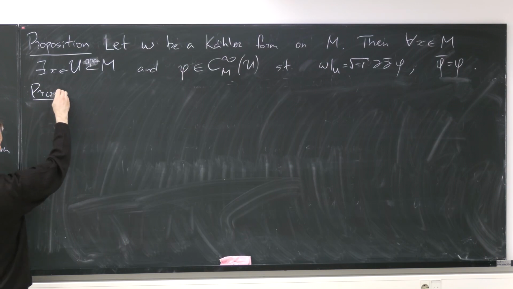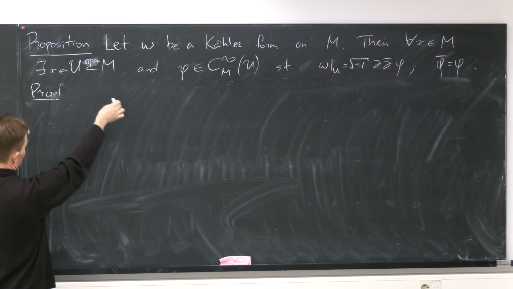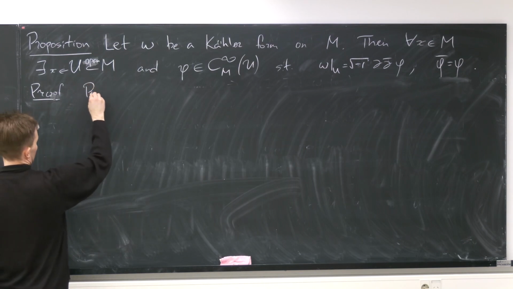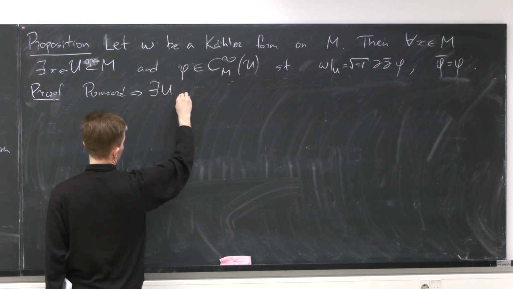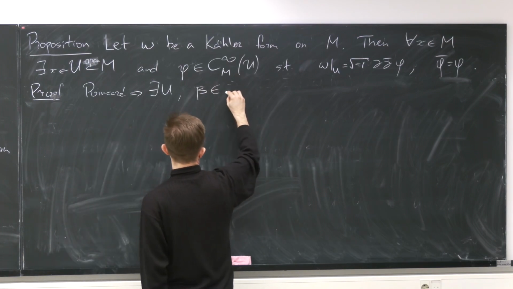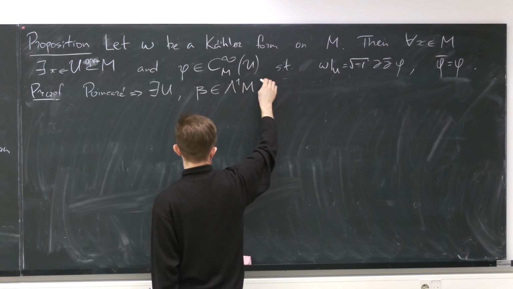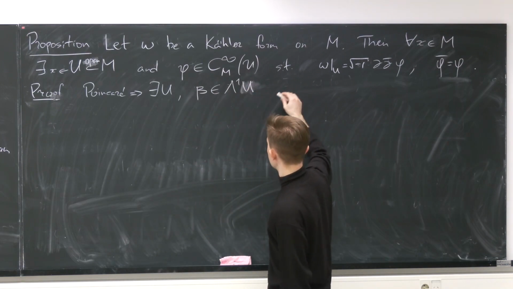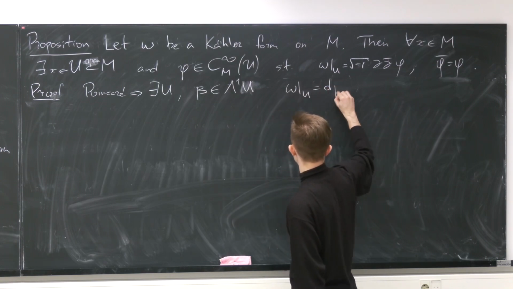Proof. So let's apply the Poincaré lemma first. Poincaré implies that there is U and some form, let's call it beta, which is a one-form on U, and the restriction of omega to U is the differential of beta.